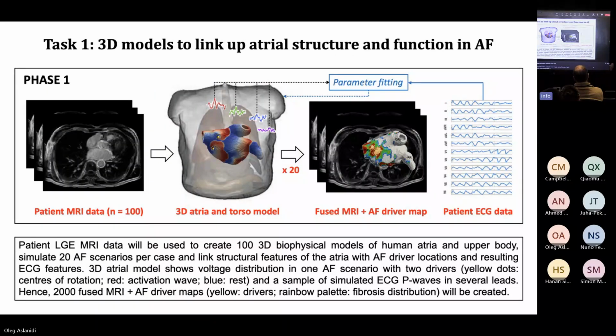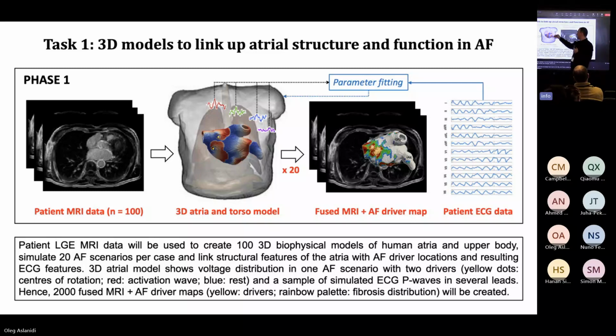So the first step would be to create a very detailed digital twin for a large number of patients, and not only the heart or the specific chambers of the heart, but the body itself, and you will need to account for different organs that hinder the spread of current between the heart and body surface, such as lungs, bones, and muscles, and so on. But we already have tools to do this, and these models are working.